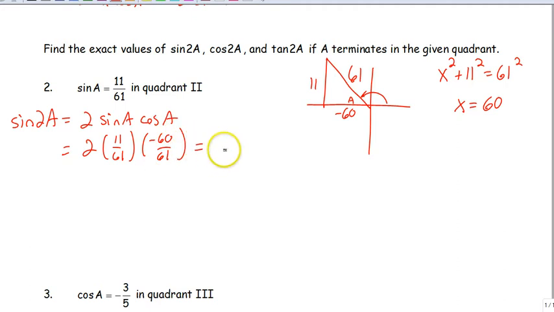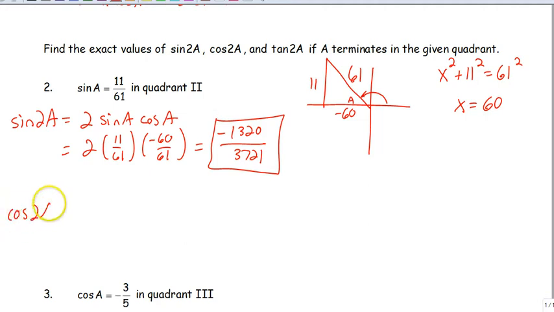When you multiply that out, you get the fraction. Please leave it as a fraction: negative 1320 over 3721. So the sine of 2a is exactly that fraction.